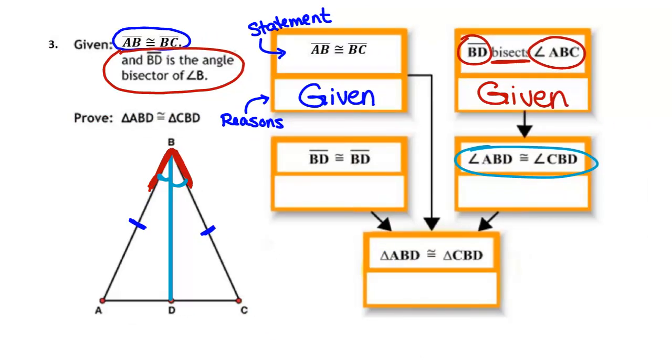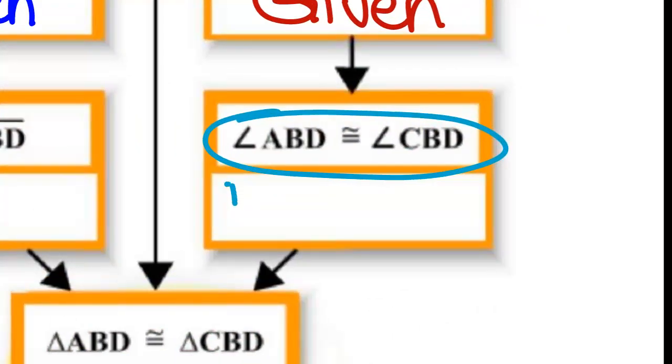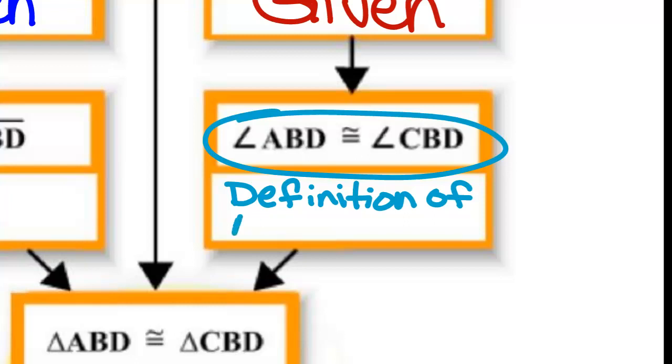Why did we know that those angles were congruent again? What did they say beforehand that told me I knew? They said bisects. What kind of an object were we bisecting? A segment or an angle? An angle. So this would be the definition of an angle bisector.